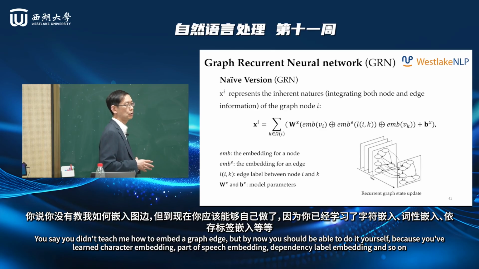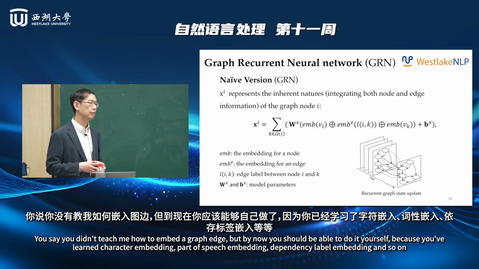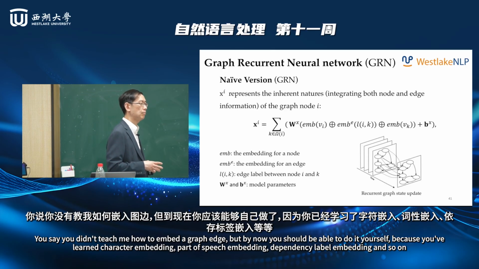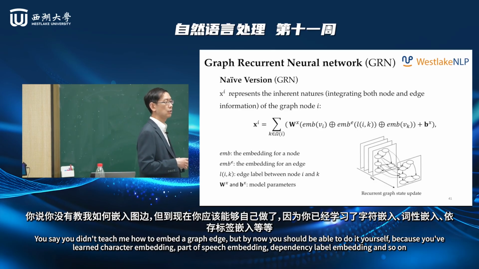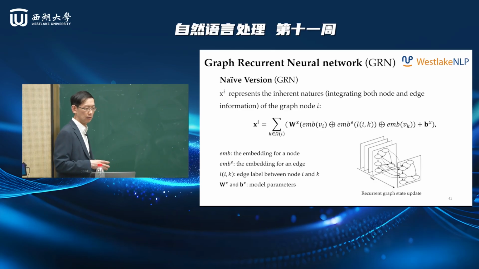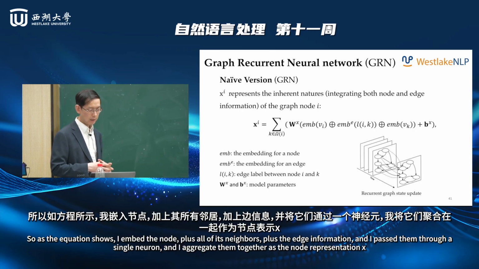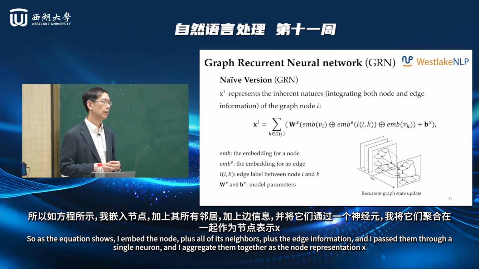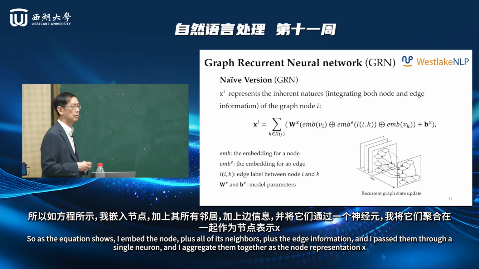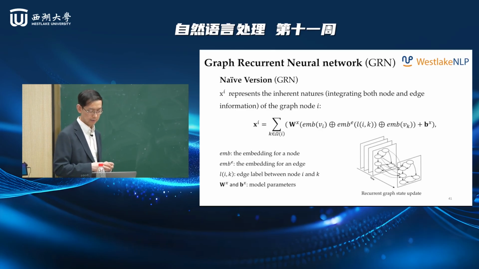But by now you should be able to do it yourself because you've learned character embedding, part of speech embedding, dependency label embedding, and so on and so on. Okay? So as the equation shows, I embed the node, okay, plus all of its neighbors, plus the edge information, and I pass them through a single neuron, and I aggregate them together as the node representation X. Okay?